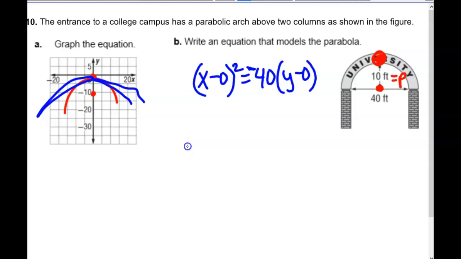Anyway, yeah, if we put in a 20 off to the right, this would be 20 minus 0 squared. I don't even know. I'm just moving on. It's good. We okay?